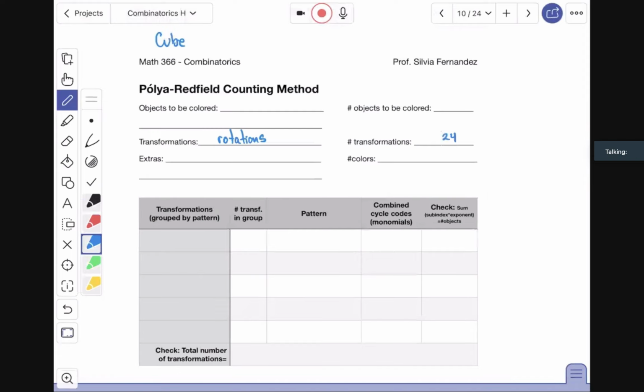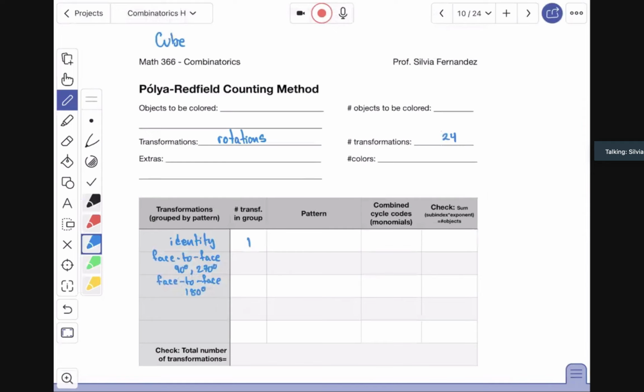Okay. So rotations. You have the identity. There's only one of them, and you know how to handle that one. And you have what I call the face-to-face. For this, you have the 90 degrees, I'll show you, and the 270 degrees, and also the face-to-face 180 degree rotation.